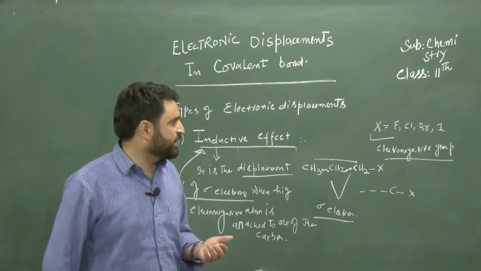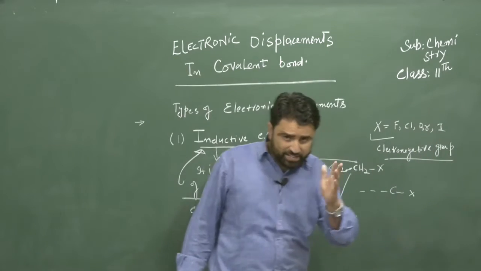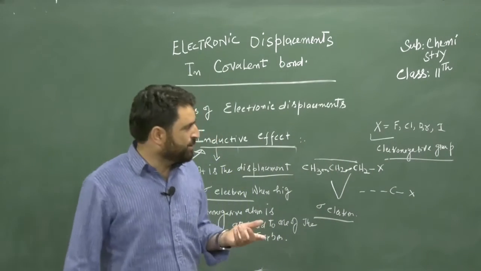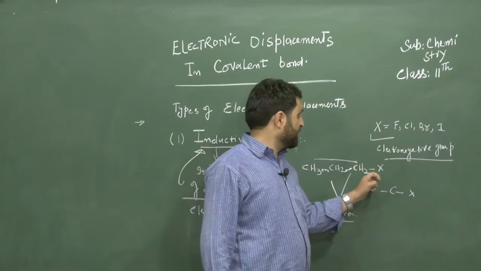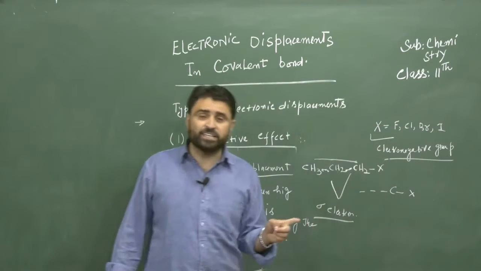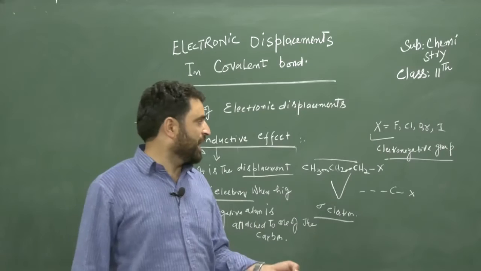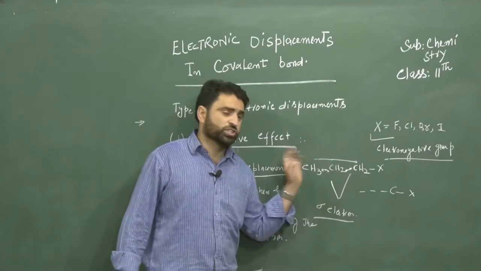If you have a high electronegativity like fluorine, chlorine, bromine, iodine, the displacement of electron takes place towards that X. If it has lower electronegativity than that of the carbon, the displacement of electron takes place from the X towards the carbon, towards this chain.